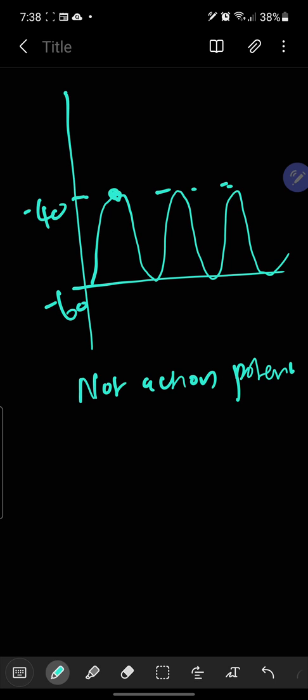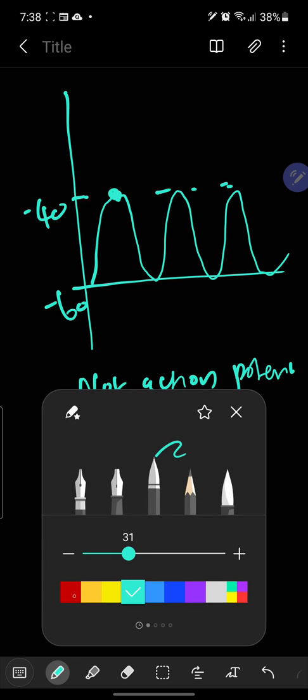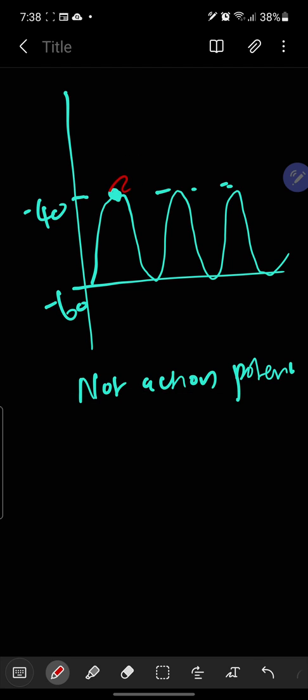This is the threshold potential. Only after crossing the threshold potential does it become an action potential. So when it crosses the threshold, it will have a depolarization and a repolarization.